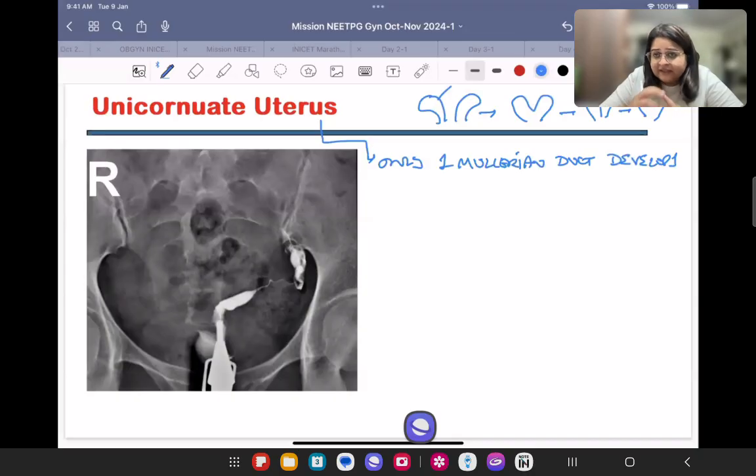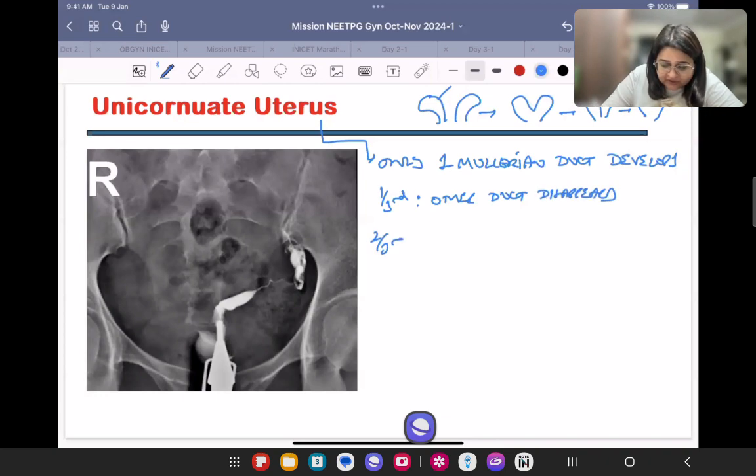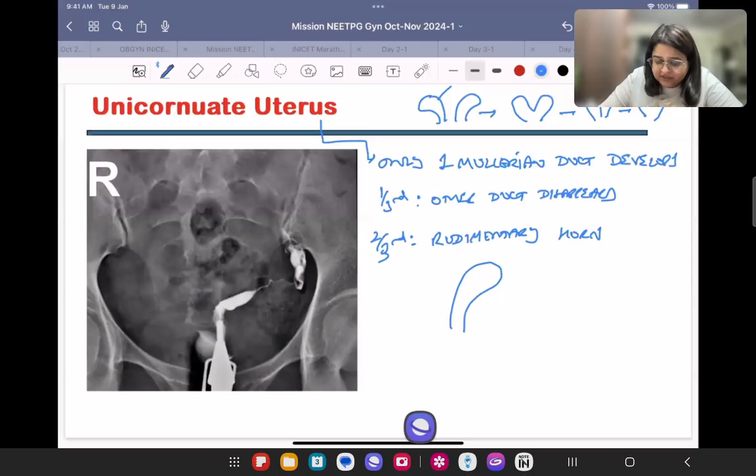It either degenerates and disappears, which happens in 1/3 of patients, and in about 2/3, it persists as a rudimentary horn. That means this one duct develops into the uterus and the other duct is like this.